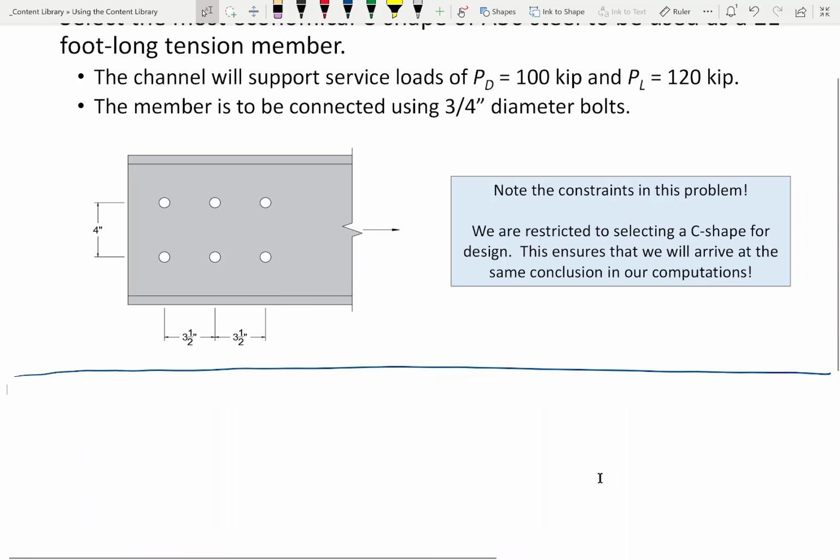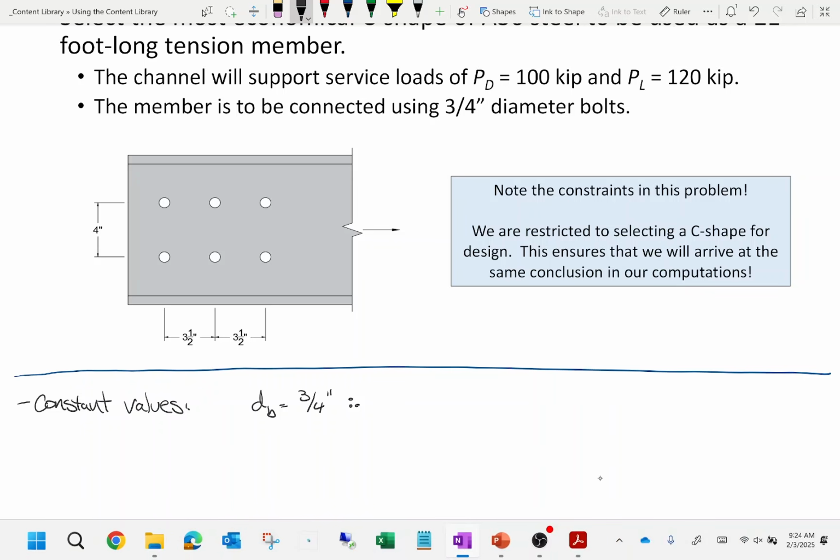All right. So, let's see if we can just highlight some values that we know are going to be constant. For example, what information can I glean from the fact that the bolt diameter is 3/4 of an inch?